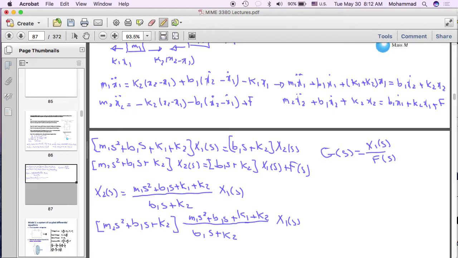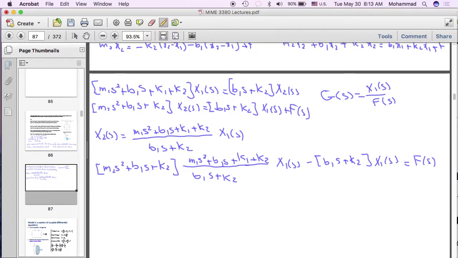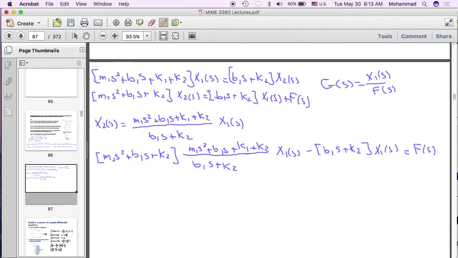So it is going to be minus b1 s plus k2, also times x1 of s, and this is equal to F of s. So we have now one equation that is only between the two variables of interest, x1 of s and F of s. So the next step is to form that ratio.